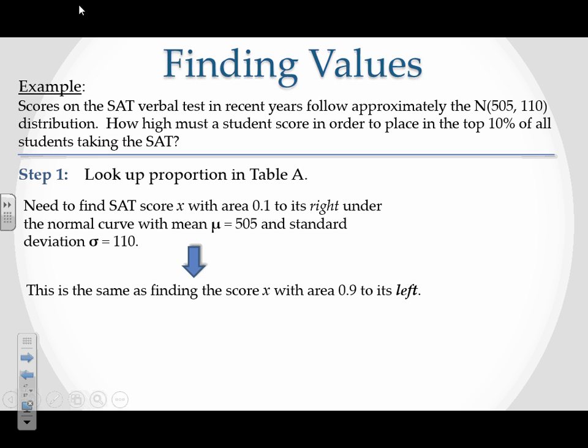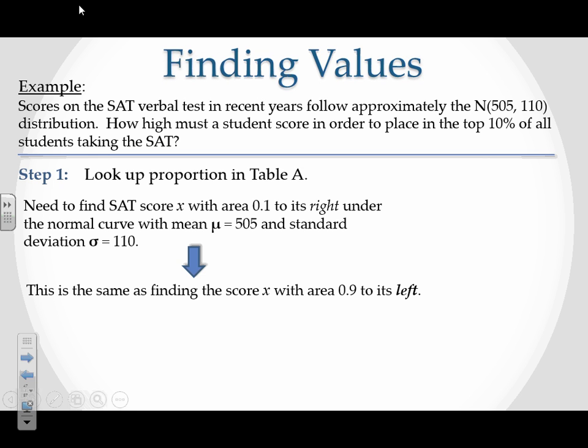If I said you wanted to be within the top 20%, what percentage would you actually want to look up in the table? 80%. If I said top 5%, what would you want to look up for? 95. Now, what if I said we want the cutoff for the bottom 15%? Then we want 15%.